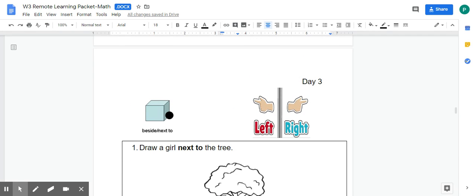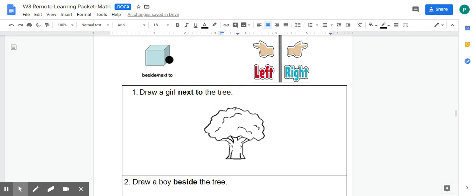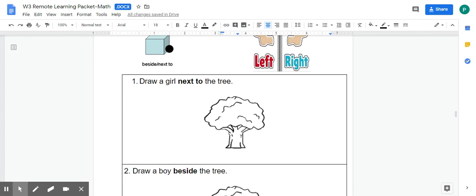Let's take a look at day 3. Day 3 tells you they're learning about beside and next to, and then what left and right means. So again, you might want to go back to that video to remember what beside and next to means and what left and right means. Number 1 says draw a girl next to the tree.